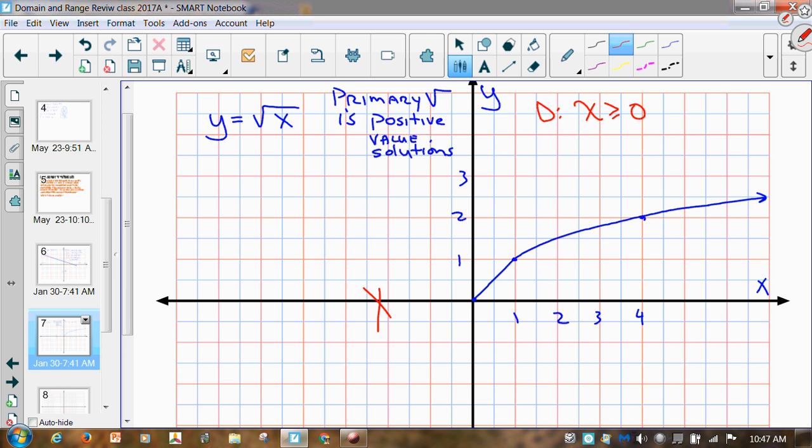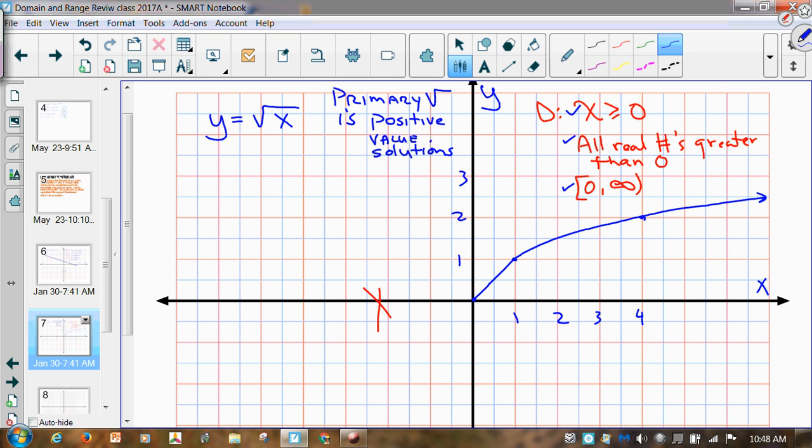Or we could say that it is all real numbers greater than 0. Or we could use our interval notation and say it starts at 0 with a hard bracket here, because 0 is included, and infinity this way with the soft parentheses to indicate, of course, that we cannot reach infinity.